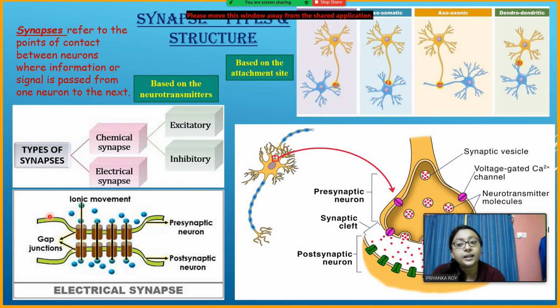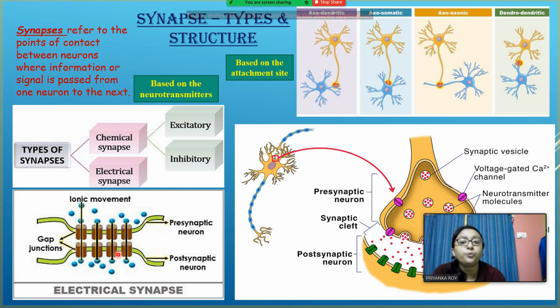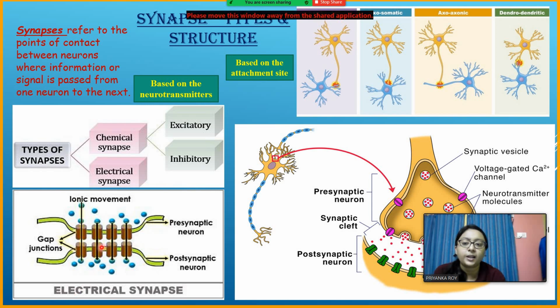Here you can see that the presynaptic and postsynaptic neuron membranes are very close together, and there are gap junctions which directly connect these two neurons. Through these gap junctions, ions can easily move from one neuron to another and hence carry forward the signal. So no neurotransmitter as such is required for this kind of synapse.